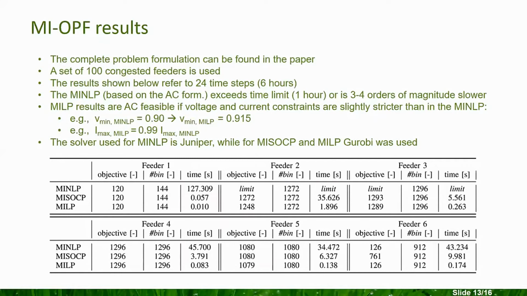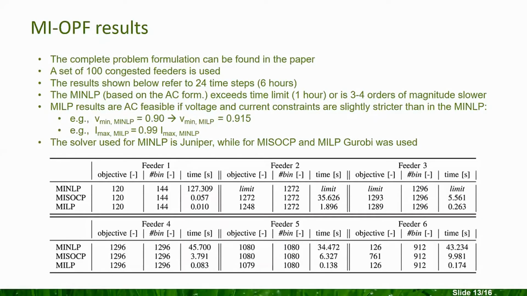So even with only 24 time steps, it often exceeds the 1 hour time limit before it finds a solution. And when it finds a solution, it is typically around 3 to 4 orders of magnitude slower than the mixed integer linear case.